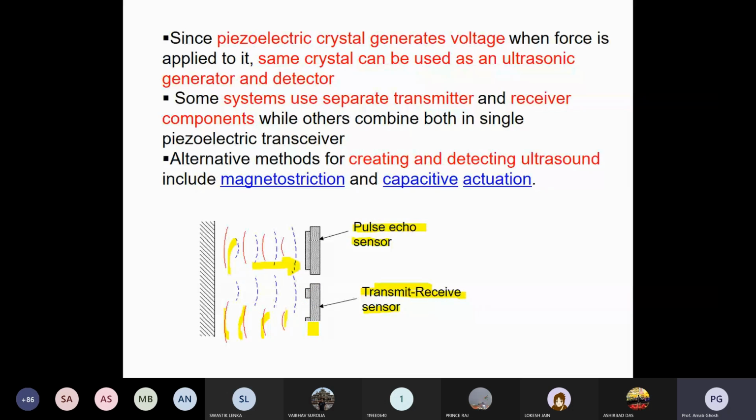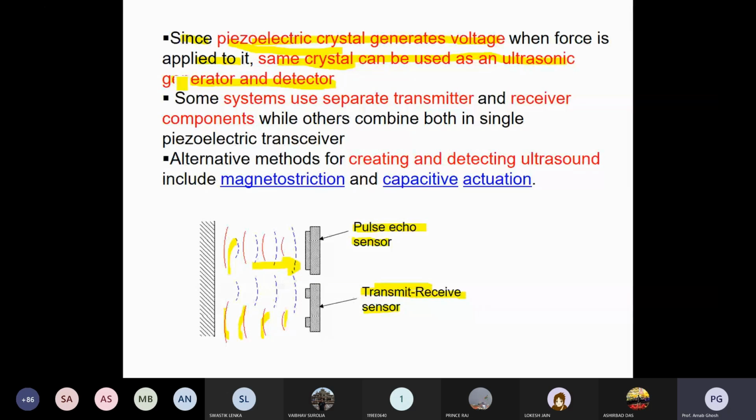Transmit and receive sensors are both there. Since the piezoelectric crystal generates a voltage when force is applied to it, the same crystal can be used as an ultrasonic generator and detector.